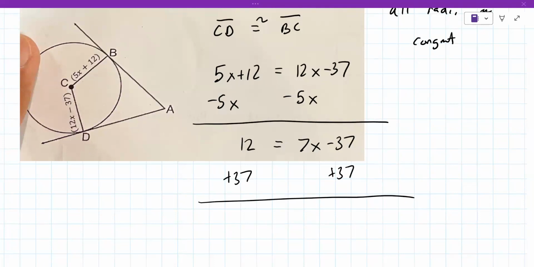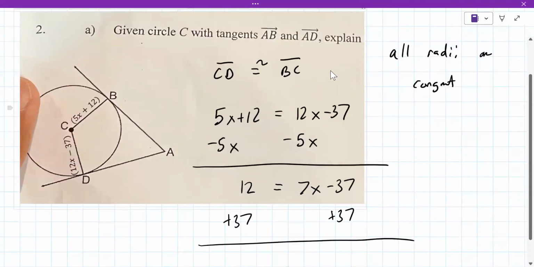Okay. x equals 7. Yes, x equals 7. Good. So that's everything for that one.